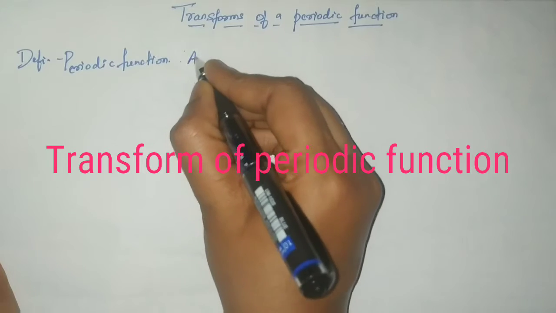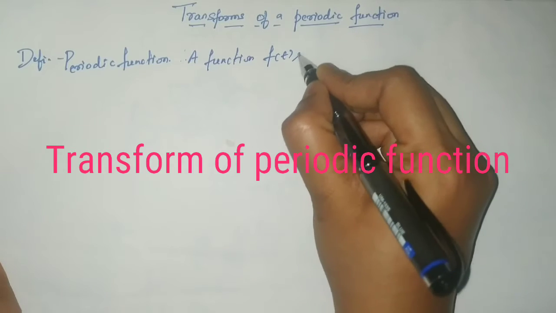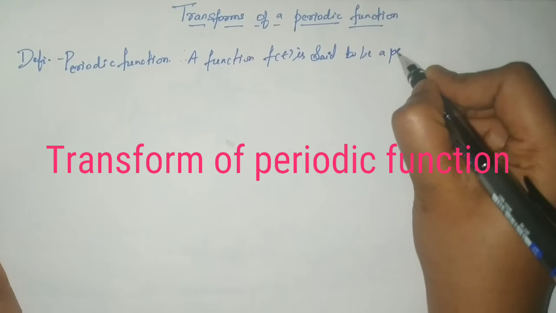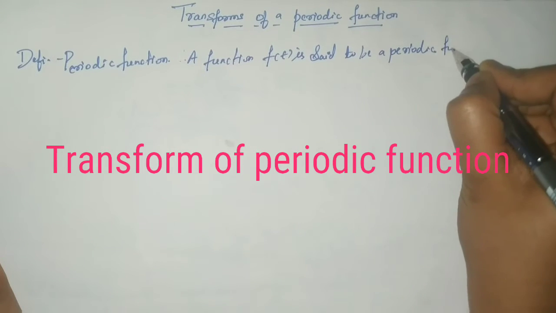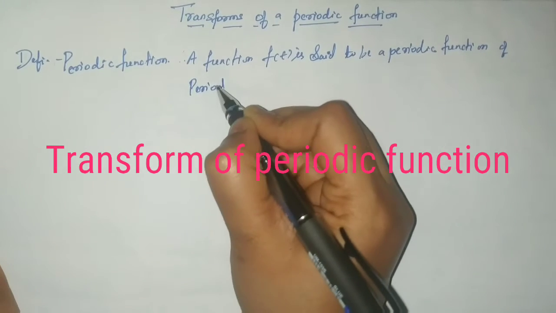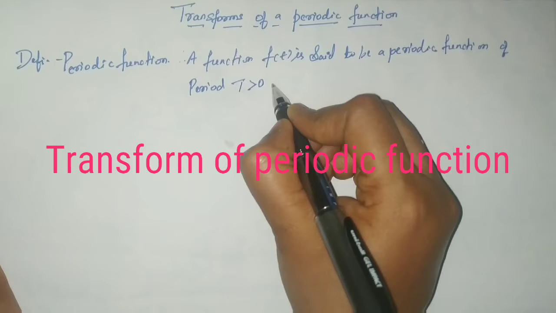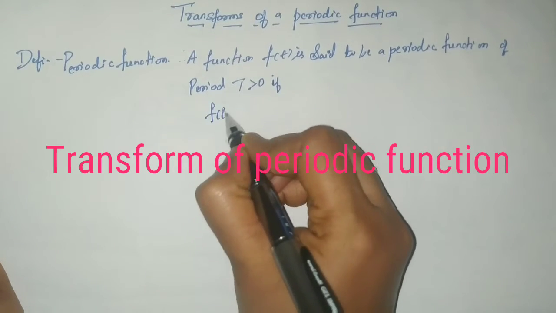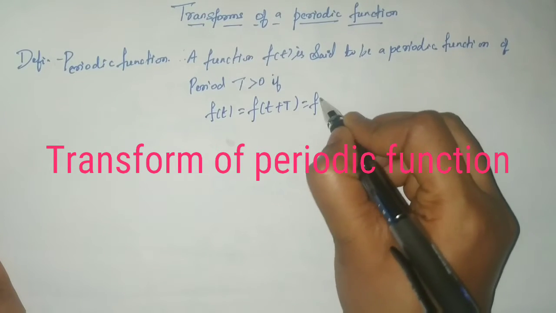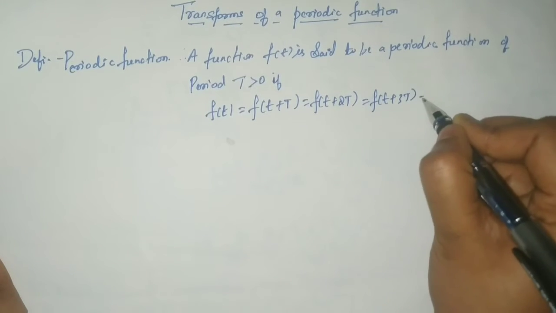A function, usually denoted by f of t, is said to be a periodic function of period T, for T greater than 0, if f of t is equal to f of t plus capital T, or f of t plus 2T, or f of t plus 3T, and it goes on.